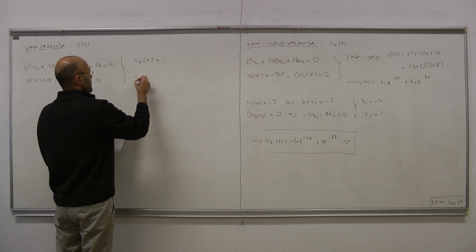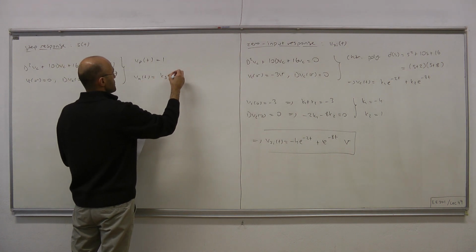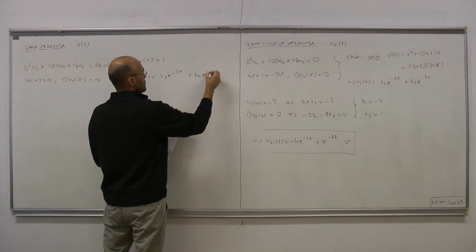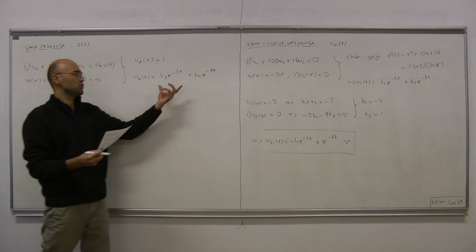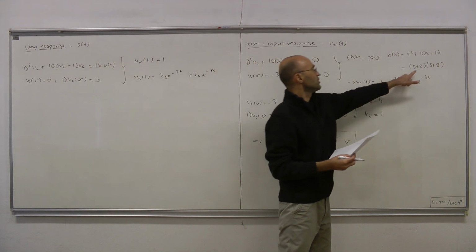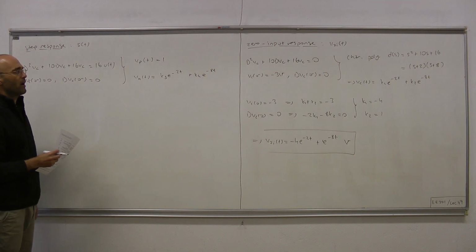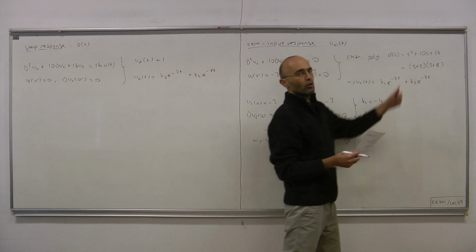And the homogeneous part of the solution is K3 e to the minus 2t plus some other constant times e to the minus 8t. This homogeneous response we write by using the natural frequencies of the circuit, which we figured out from the previous part.